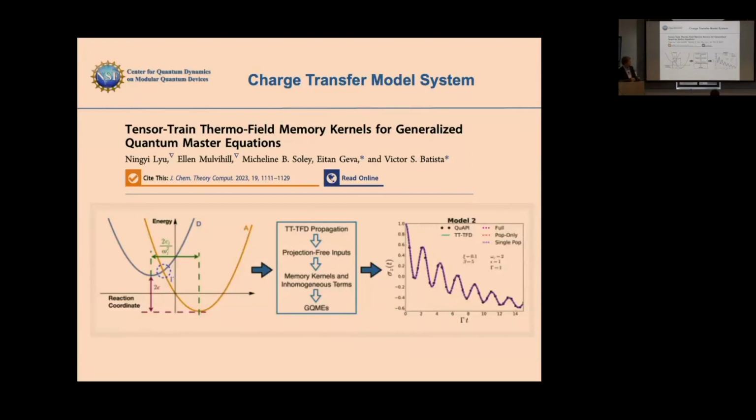With all of those, we get the same dynamics as we obtain with a full tensor train propagation of the system, and also the same dynamics as you get with QAPI.